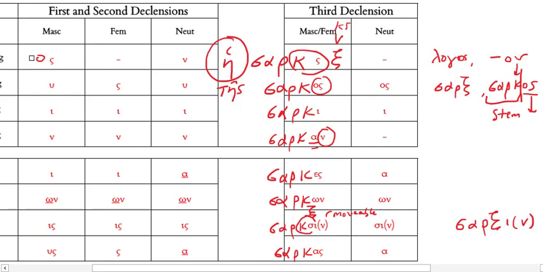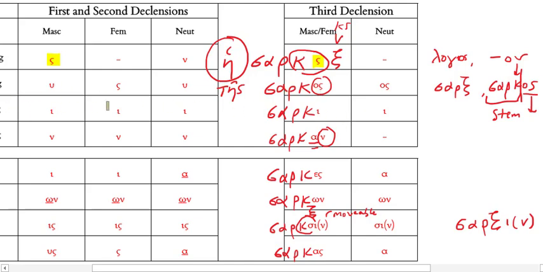Looking at the first and second declension, are there any similarities here? Well, I've got a sigma here for the nominative singular, for masculine and feminine. What do I have over here? At least one of them's a sigma, you see. So let that be just a little connection point. Here, I have an omicron sigma. I don't have any omicron sigmas here, do I? So you just got to learn this one.